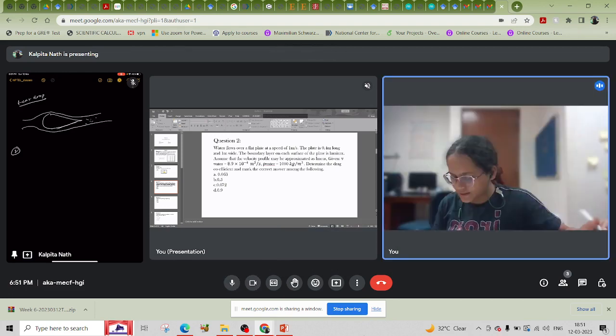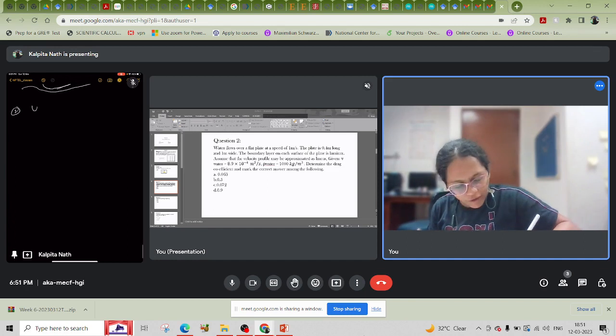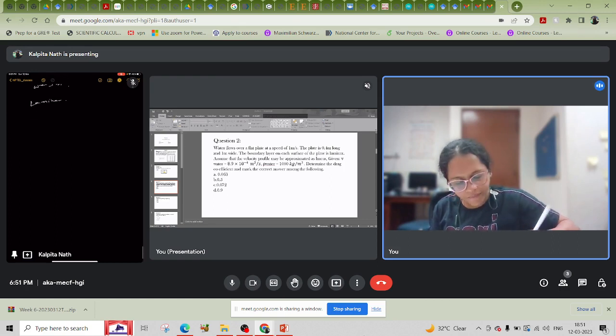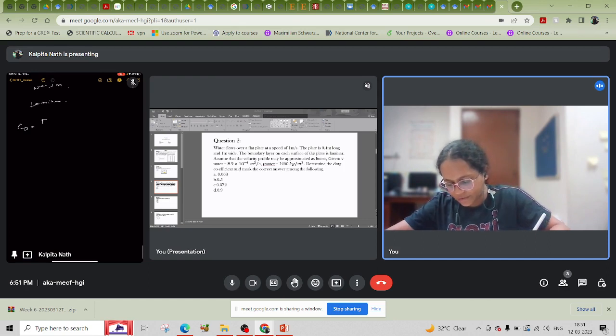Let us proceed with the solution of this. Velocity is given as 1 meter per second, the length of the plate is given as 0.4 meter, the width is given as 1 meter, and the boundary layer is given as laminar. The drag coefficient we need to find later, and first we need to find the drag force, right?